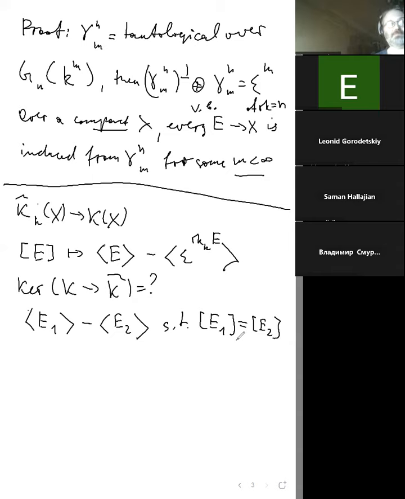Well, what does this mean? This means that E1 plus epsilon L is isomorphic to E2 plus epsilon m as vector bundles.